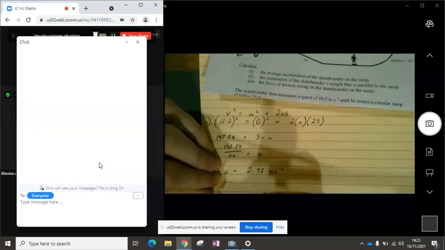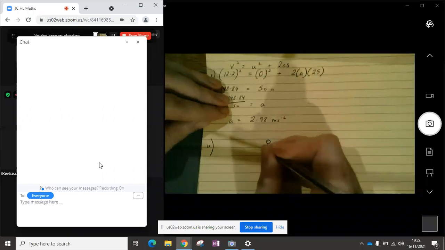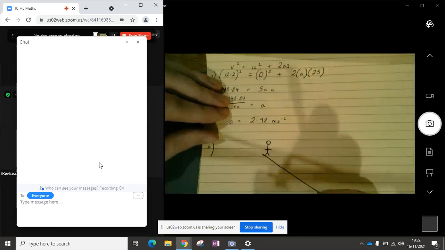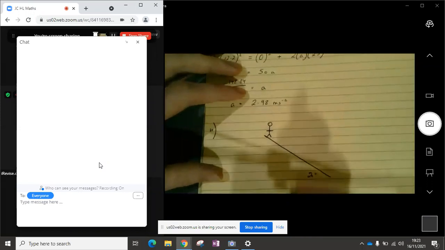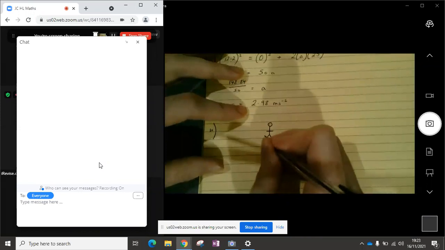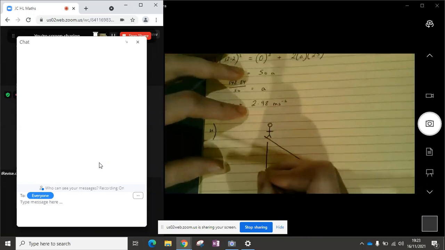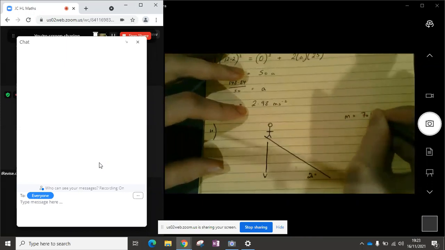So we have our man up on a skateboard. He is on a ramp. The ramp is a 20-degree slope. Now we're told that his mass is 70 kg.